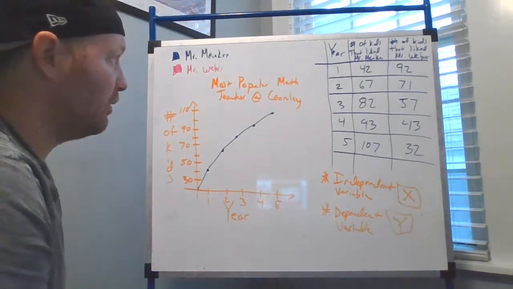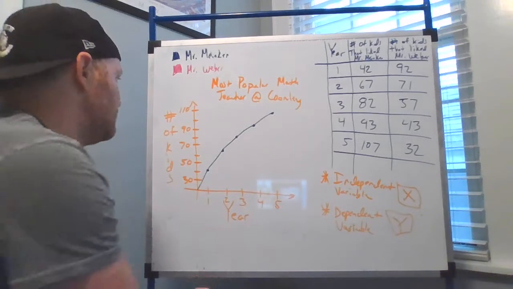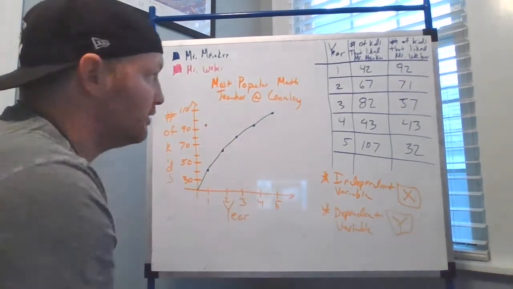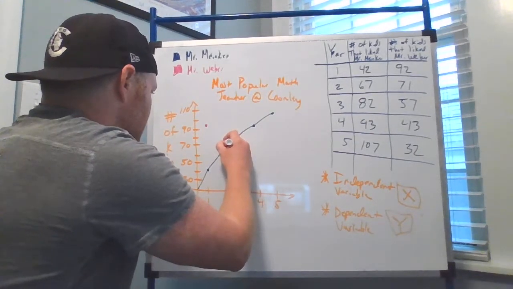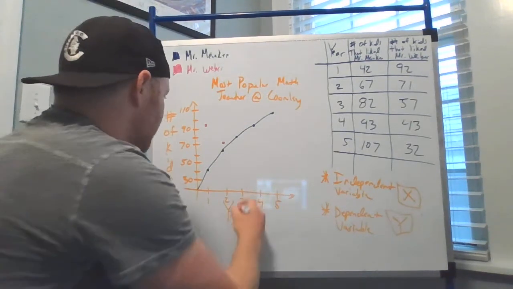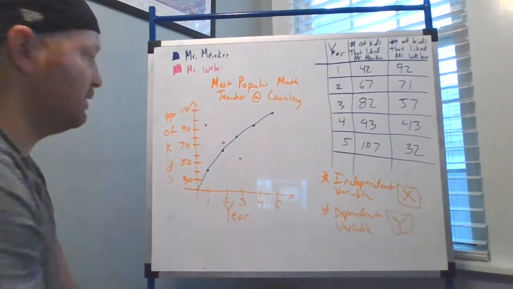And let's go to Mr. Weber. Year one, 92. People liked me back then. Year two, 71. Year two, sitting right about there. Okay, year three, 57. Right up below the 60 mark. And this is just an estimate.